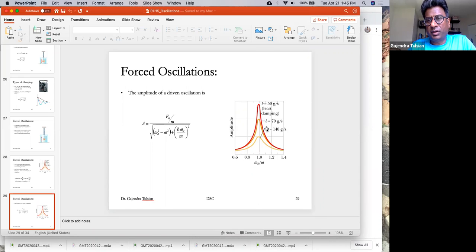This is for a given damping. For this damping, as the driving frequency matched the natural frequency, the amplitude became large. And if the damping is small, this amplitude can get super large, and you can compromise structures. You can break down structures.